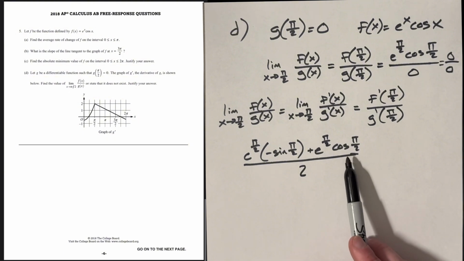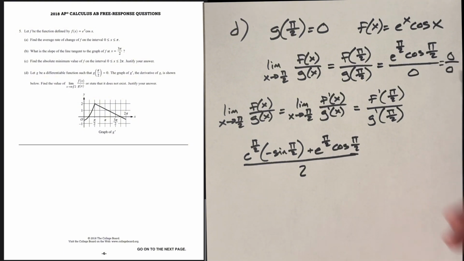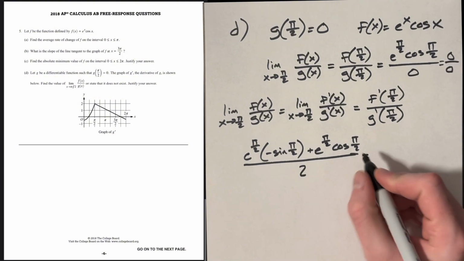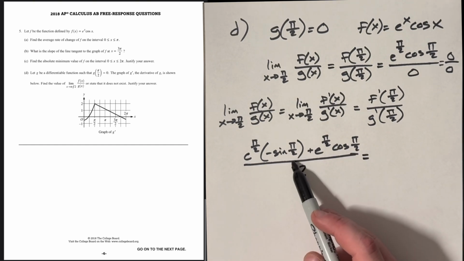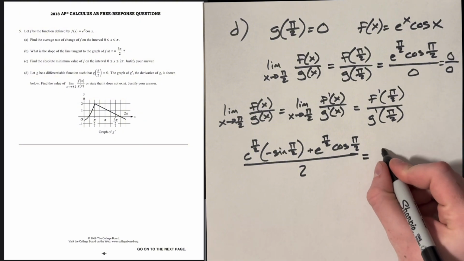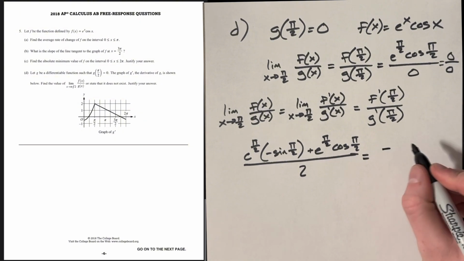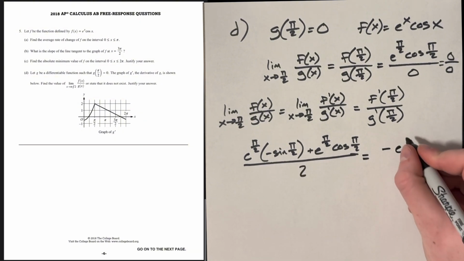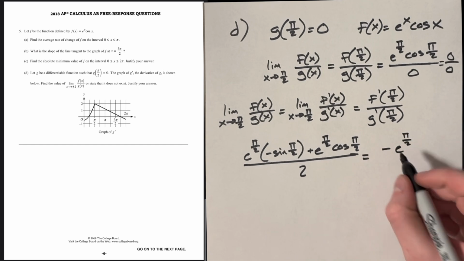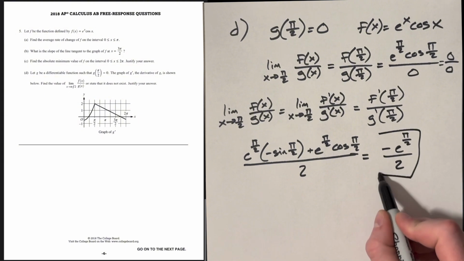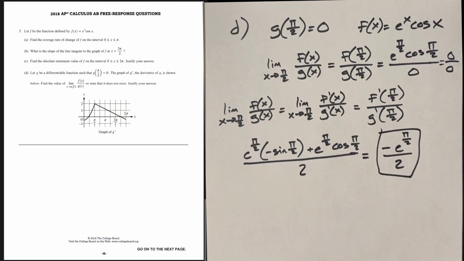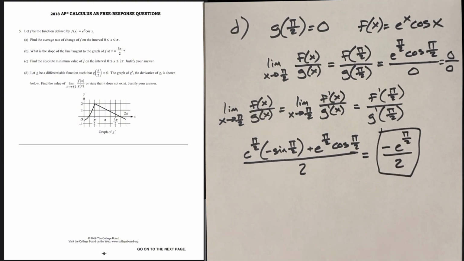But now, cosine of pi over 2 we just said was equal to 0, so that whole second term will just be 0. In the first term, the sine of pi over 2 is equal to 1. So I would get negative 1 times e to the pi over 2 divided by 2. And because that is not in a form that is 0 over 0 or some number divided by 0, this is the value of that limit.